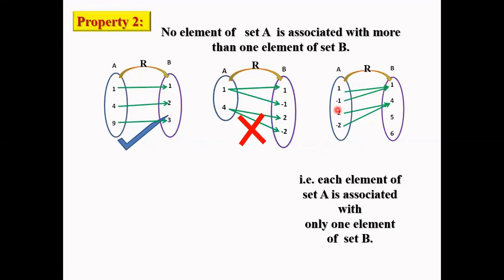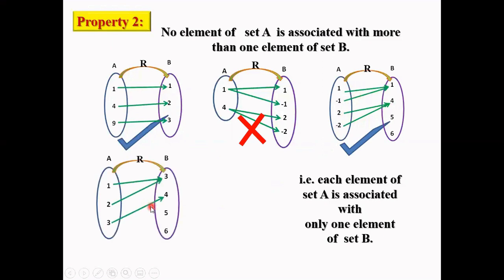Minus 1 also has only one element. 2 also has only one element, 4, and minus 2 also has only one element, 4 in set B. So property 2 is satisfied by this relation R.